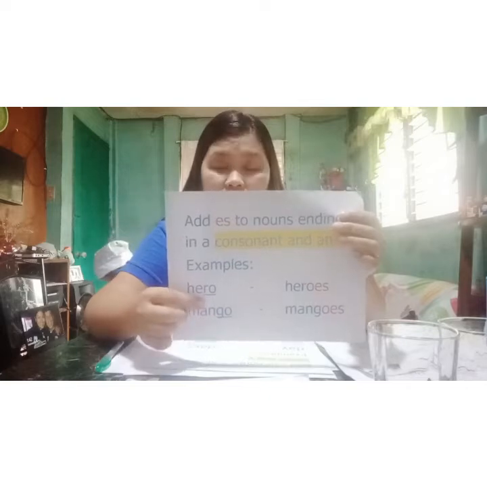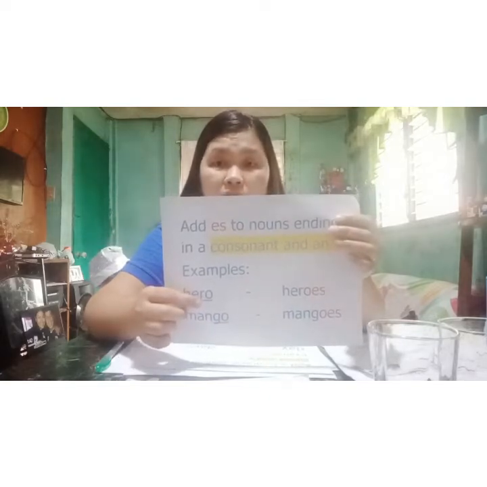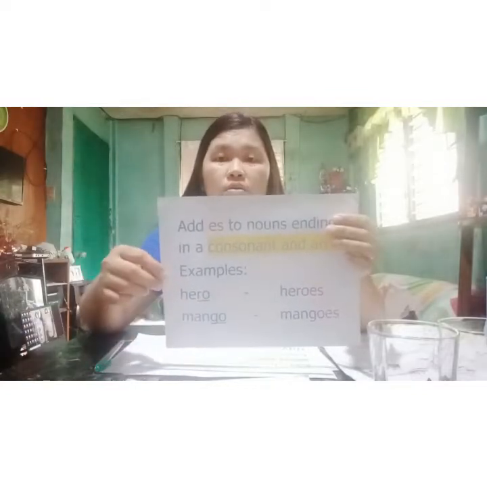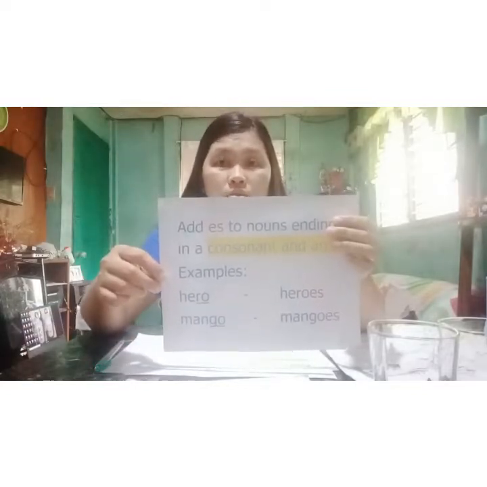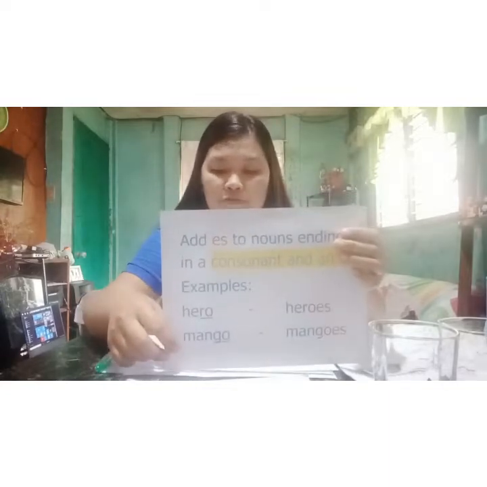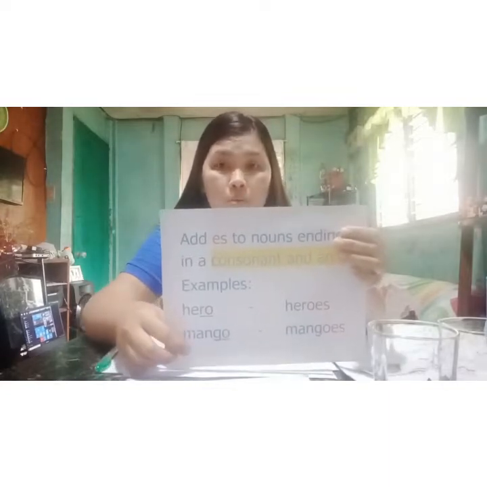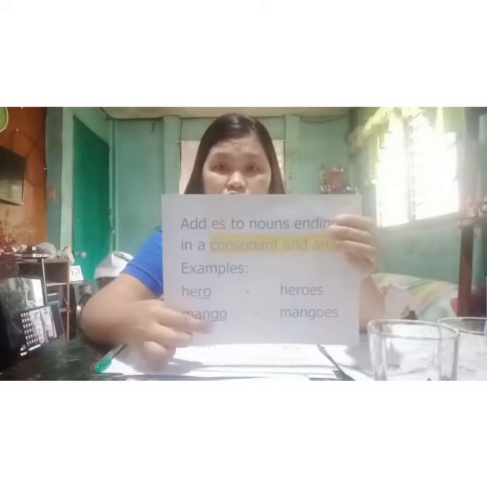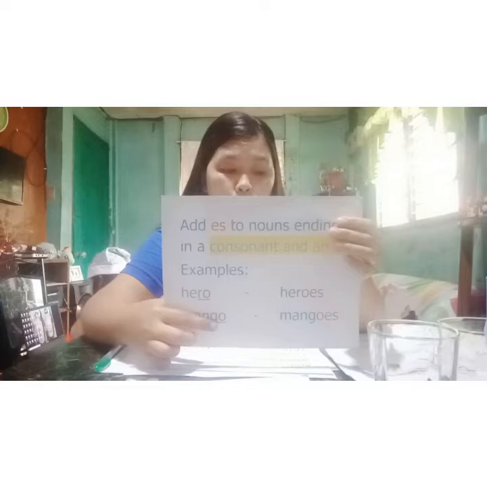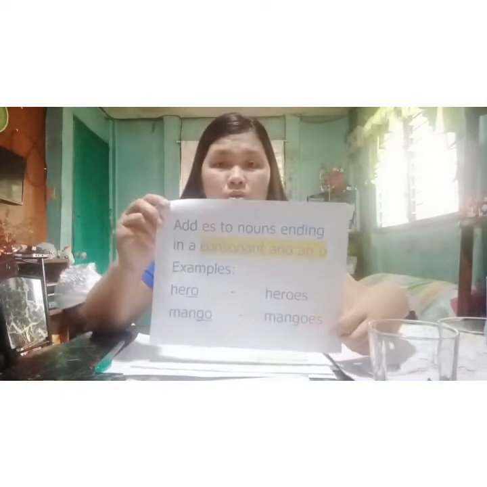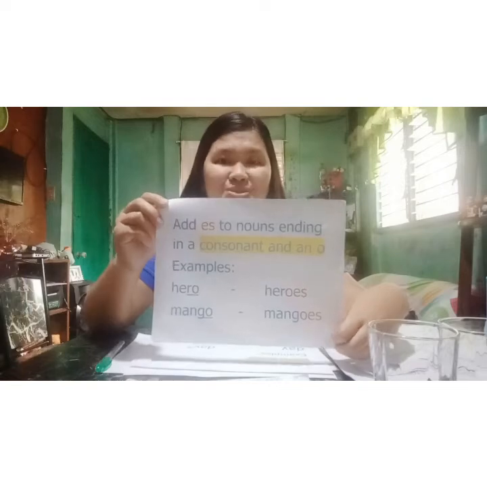The last consonant here is r followed by an o. So hero becomes heroes. Another example, we have here mango. The last consonant here is g followed by an o. So we need to add es so that it will become mangoes.